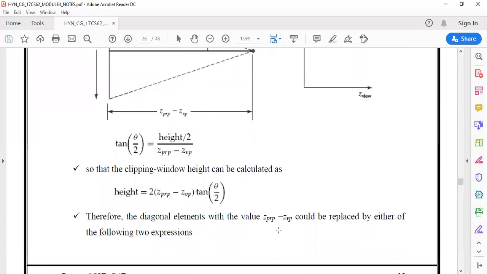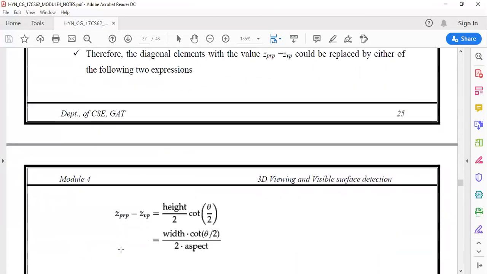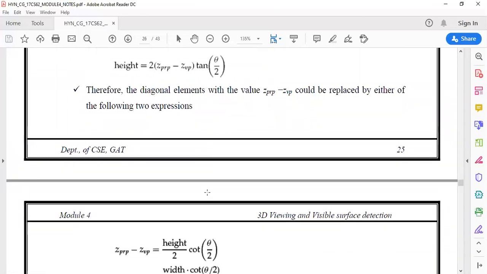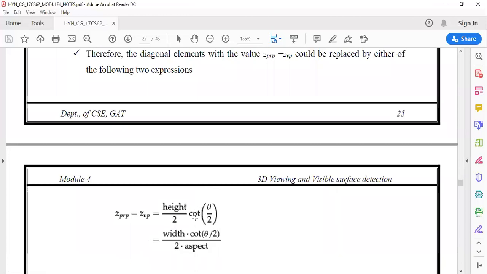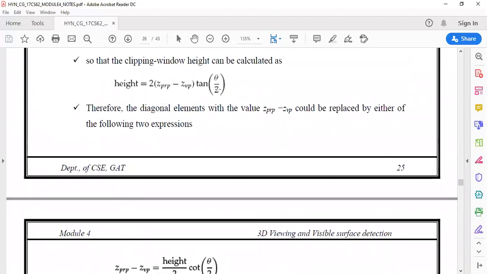Therefore the diagonal elements with the value zprp minus zvp could be either of the following two expressions. If I have to find zprp minus zvp from this formula, zprp minus zvp will be equal to height by 2 into tan inverse of theta by 2.